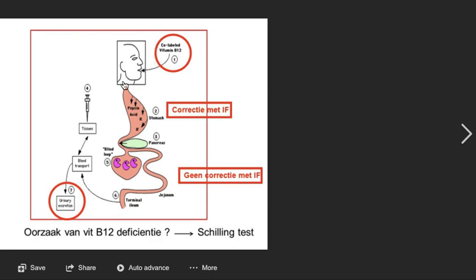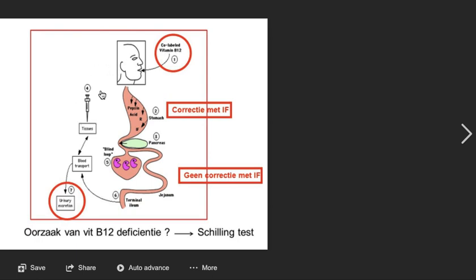Second step, we give them one dose of vitamin B12 orally, and this dose is radio labeled. What is radio labeled? This is simply vitamin B12, but they label it with some radioactive marker which we can detect.